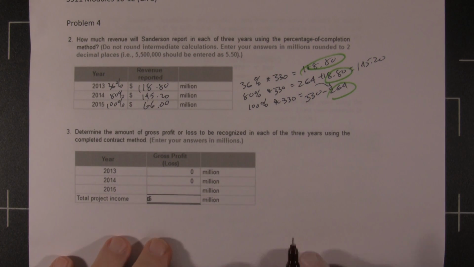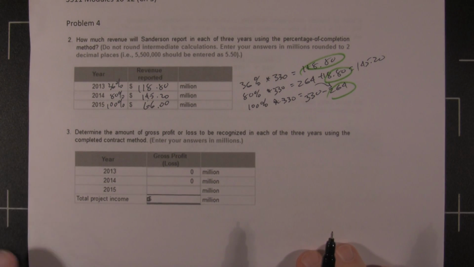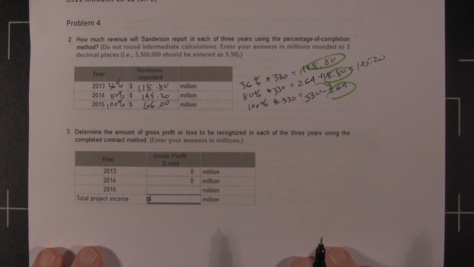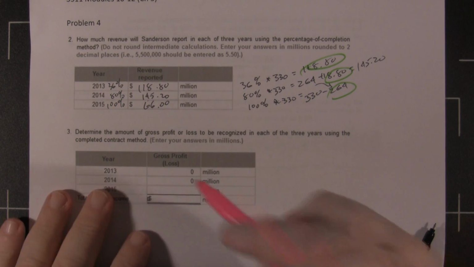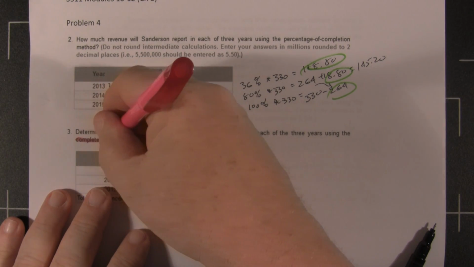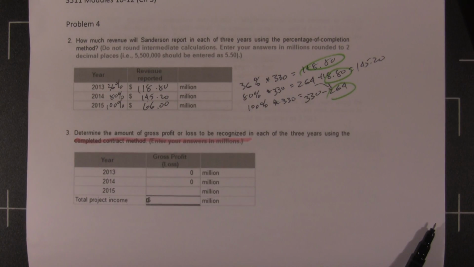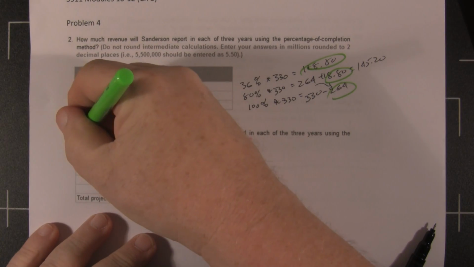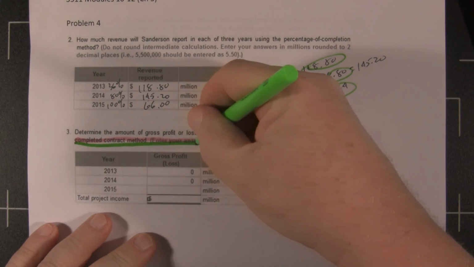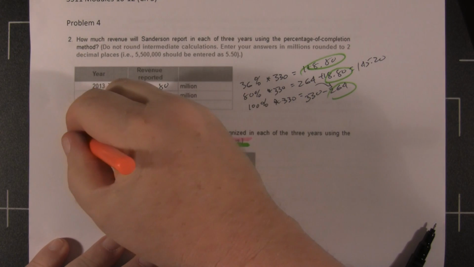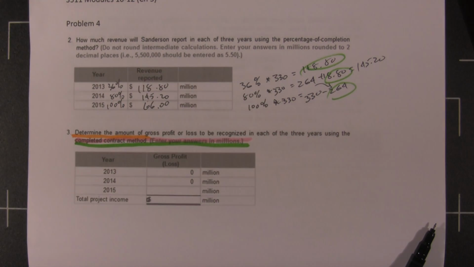And now it asks us to determine the amount of gross profit to be recognized in each of the 3 years using the completed contract method. The completed contract method. In other words, you don't do anything until the contract is complete.